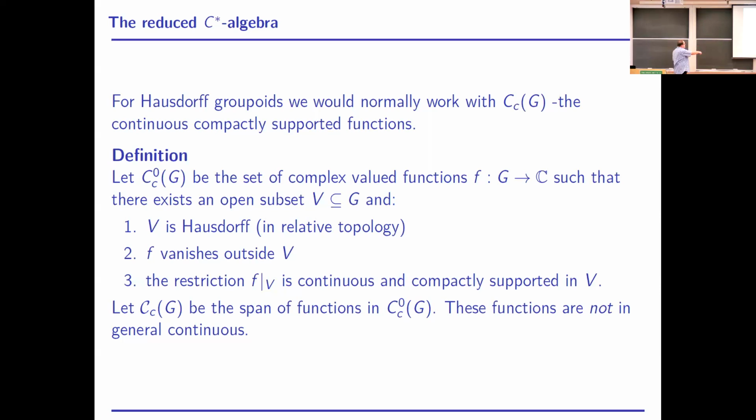So we let C_c(G) be the set of complex valued functions such that there exists an open subset V in G, so V is Hausdorff, f vanishes outside V, and the restriction of f to V is continuous and compactly supported in V. So these elements here are all in C_c(V) for some open Hausdorff V. And we take the span of these functions and call it curly C_c(G).